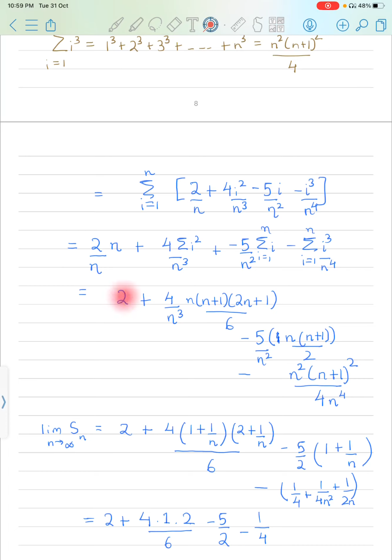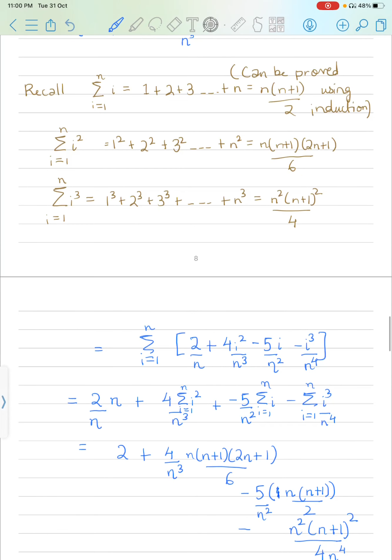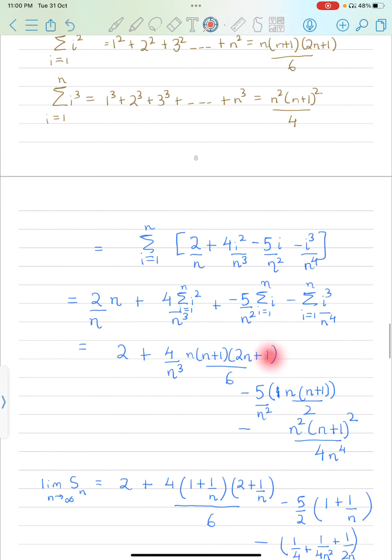So this thing is 2. This is 4 by n cubed, and we are plugging in the value of summation i squared, from i equal to 1 to n. So we are using this formula, n into n plus 1 into 2n plus 1 by 6. So we get this thing, and minus 5 by n squared, summation of i.